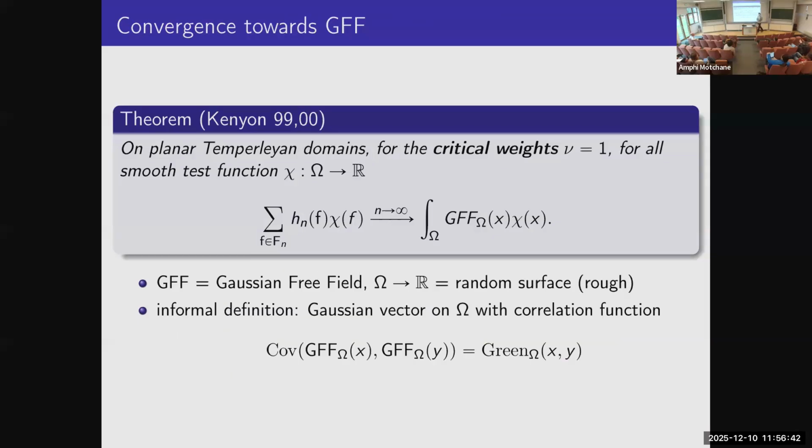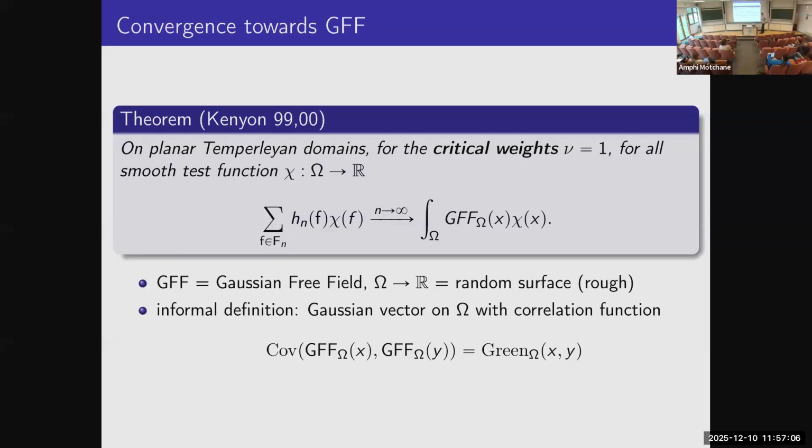So when you integrate the height function against a test function, it converges toward the Gaussian free field. What are the boundary conditions? For the GFF? Here it is actually the centered height function. I should have mentioned this. And the GFF has Dirichlet boundary condition.